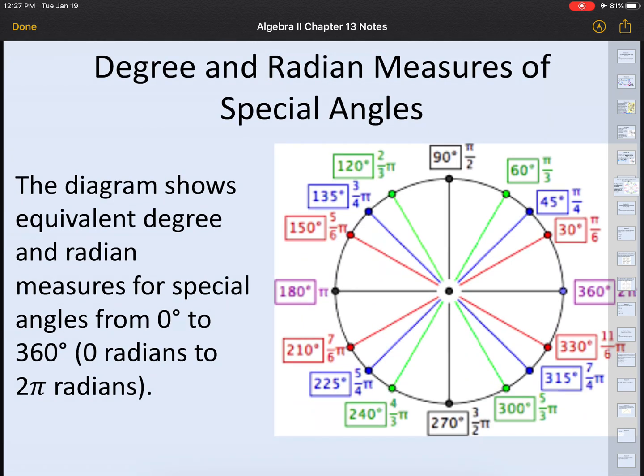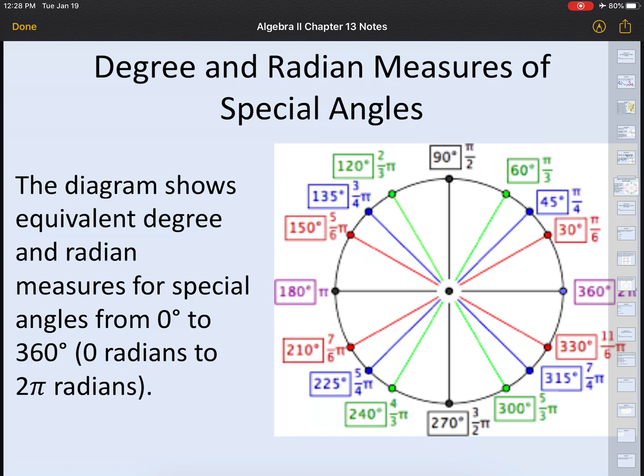So we have the degree and radian measures of special angles. Here I have a full circle with each degree measure, and it's going by 30, and then 45, that's 15 more degrees. Then 45 to 60 is 15 more degrees, but 60 to 90 is 30 more degrees. So increments of 30 and 45.